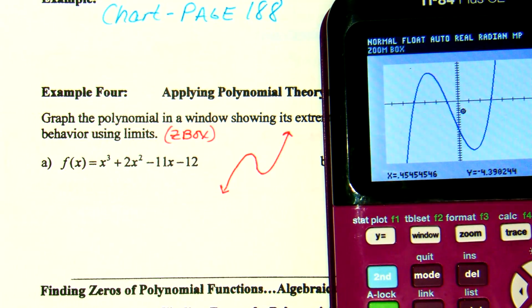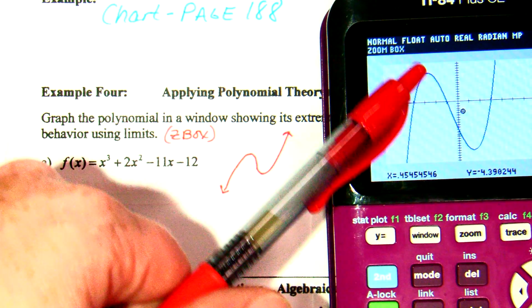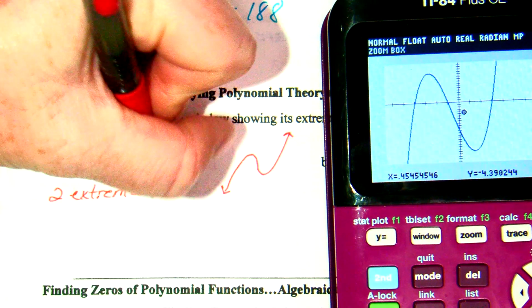Because extrema is the one that is 1 less. Do I have two extrema? Yes, because I have a min and a max. So if you're asked how many extrema you have, you can hopefully identify that there are two extrema. In this particular case, there's a min and a max.